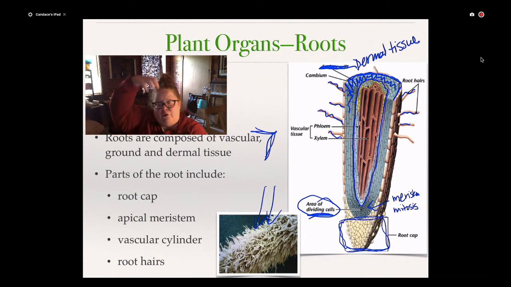So this is where the root's growing. This is called primary growth. So it's growing downward into the soil. And that division is going to occur here. So as the cells divide, you get more cells. It's going to cause the stem to grow downward and push against the root cap, and that's going to push the root downward.